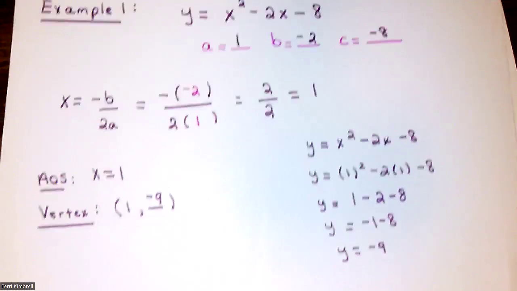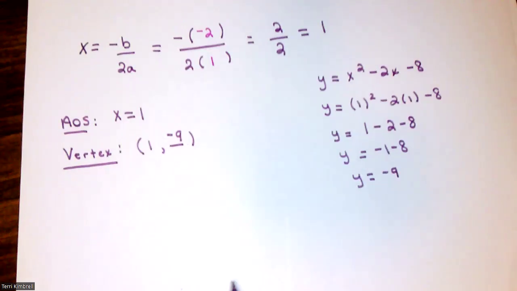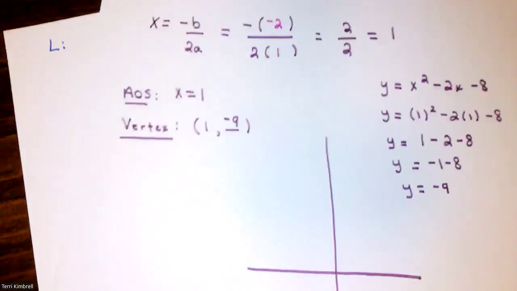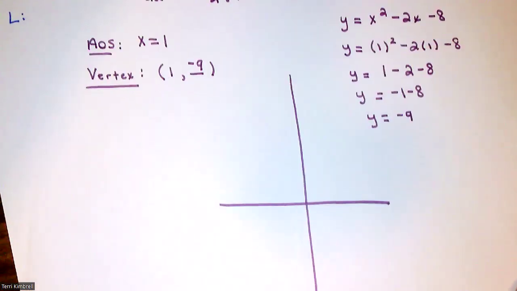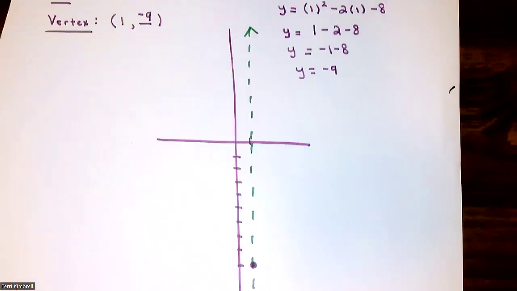Okay, so what that means next is we can go ahead and try to graph that point. So I'm going to go ahead and plot 1, -9. So the axis of symmetry is going to run through the vertex, and the vertex is going to be at 1, -9.